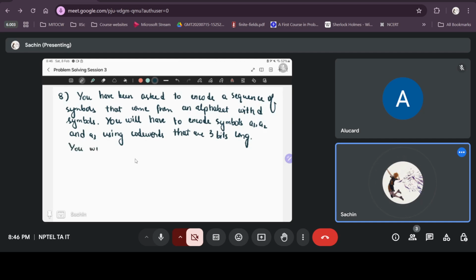You will have to encode symbols A4, A5 up to AD using code words that are 4 bits long.